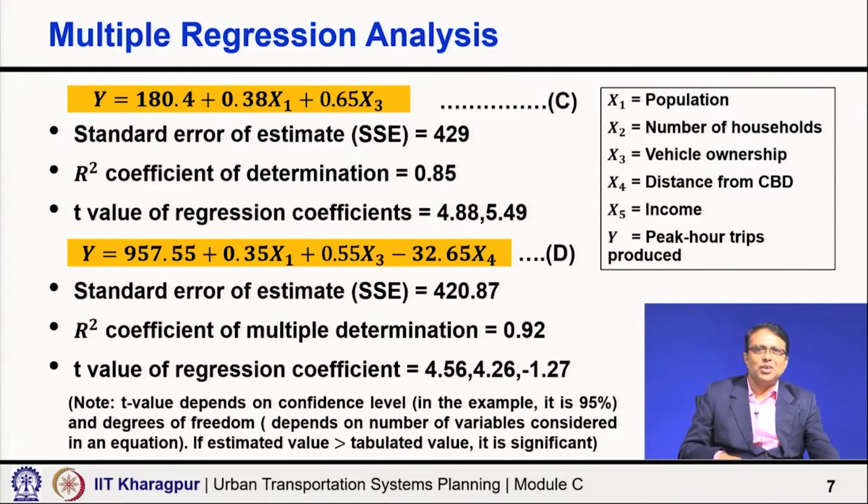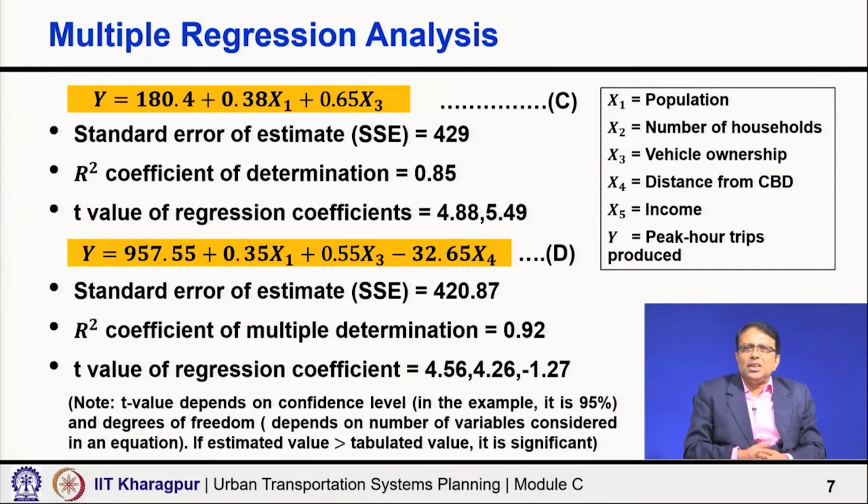Let us see. First thing, immediately I can see in this slide, we need to check if the coefficient estimates are statistically significant. I can clearly see the t value of x 4 in model D is 1.27, which is not statistically significant even at 90% confidence level.